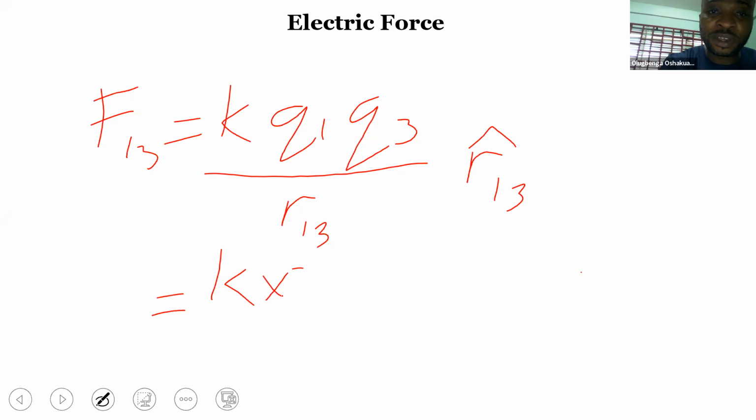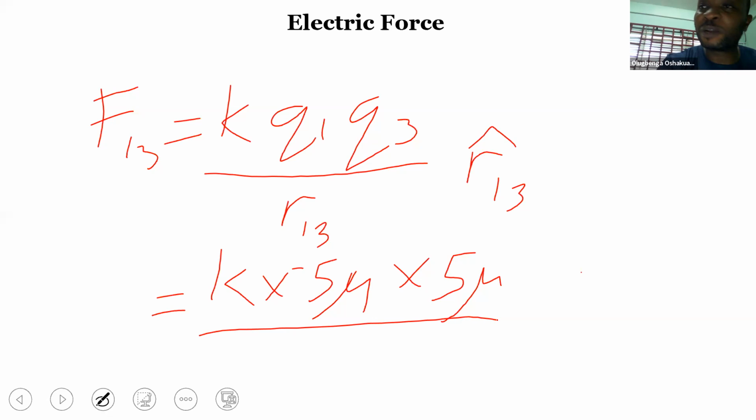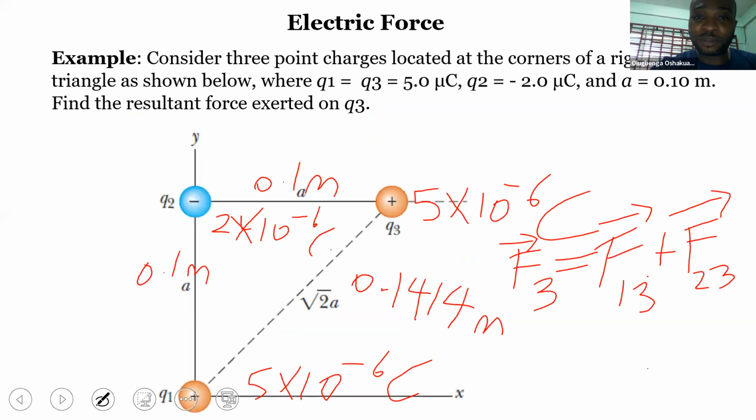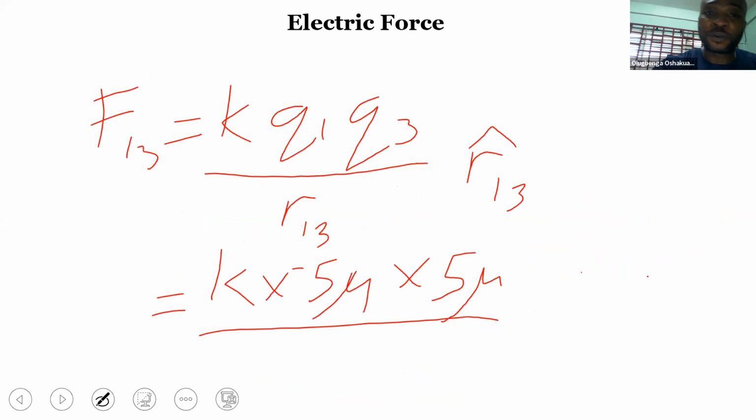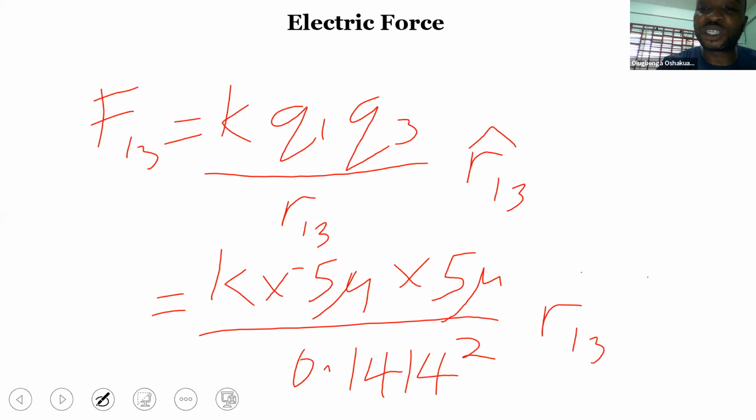So that's times 5 micro, times 5 micro, divided by the distance of separation between them, 0.1414, squared. When you multiply all this together, you should have the magnitude. Then what will be left is the direction, R13 caret.